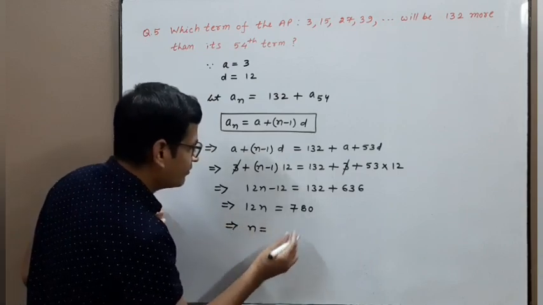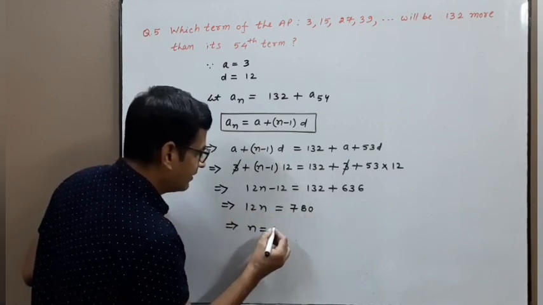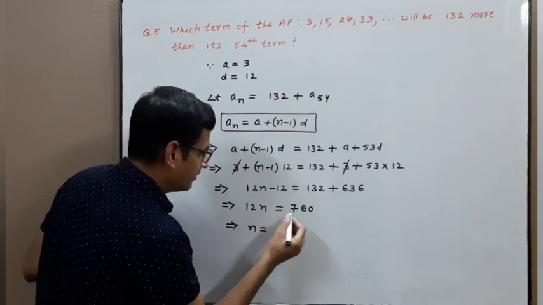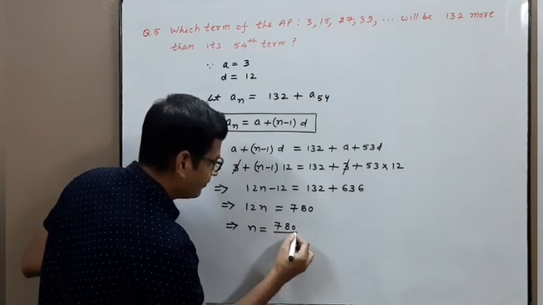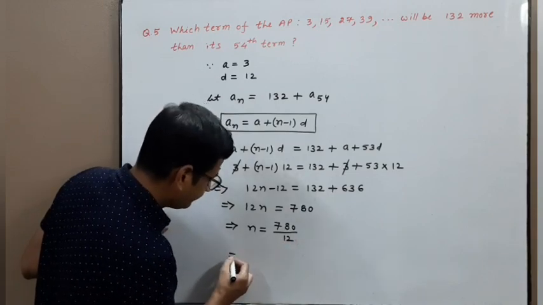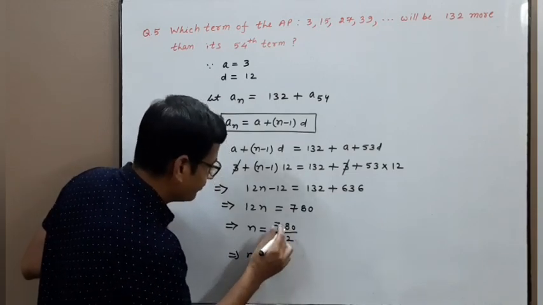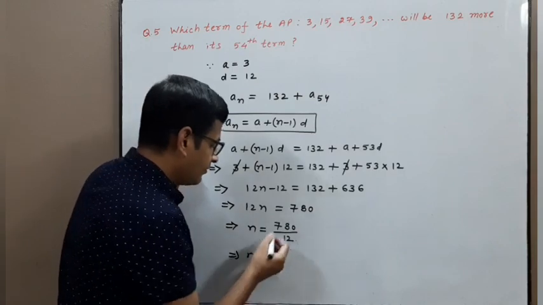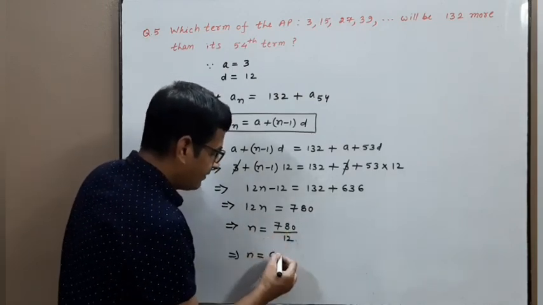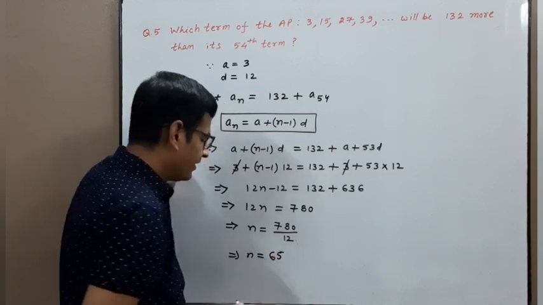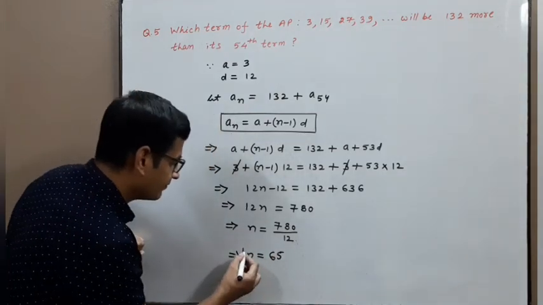So n equal to 780 upon 12. Now divide this, 780 upon 12. So n equal to 12 times 6 is 72, and 12 times 5 is 60. So n is equal to 65.